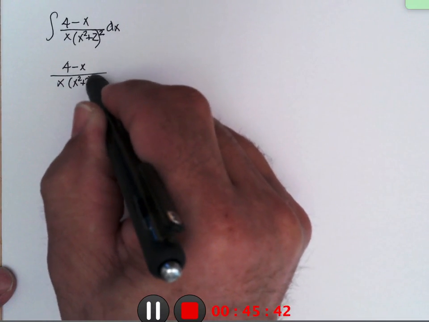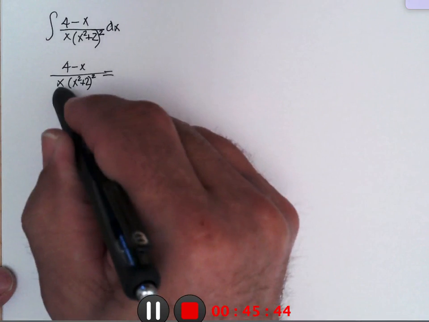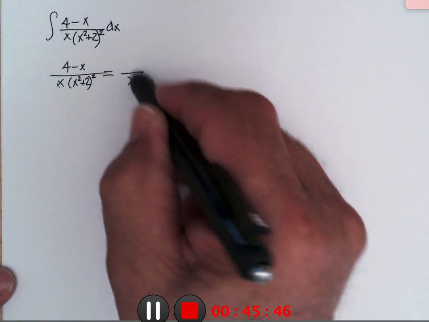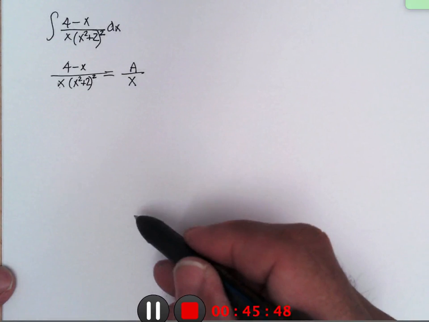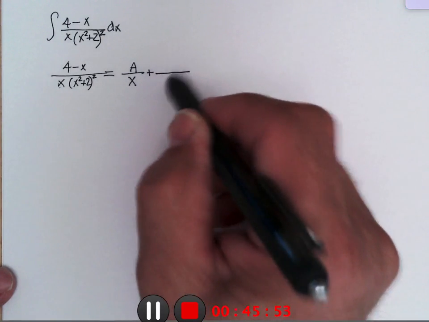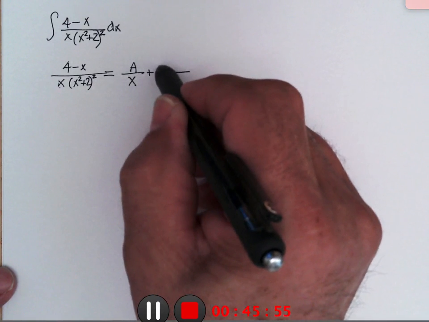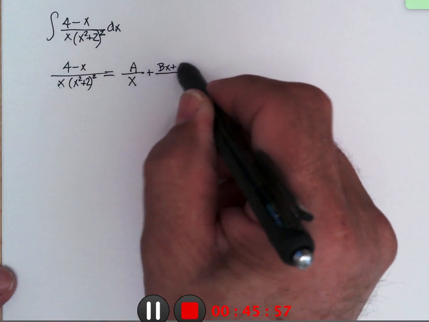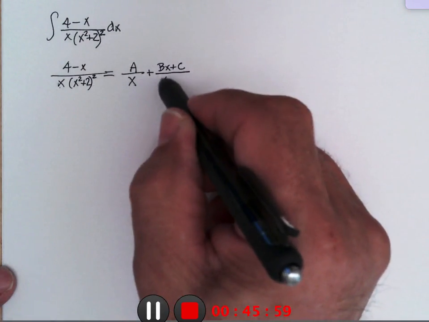So I have 4 minus x over x times x squared plus 2 squared, which means I have a linear factor, just the x. I can put a over it. Then I have a quadratic factor. Remember that the quadratic factor has to have a linear factor in the numerator. So it's bx plus c over x squared plus 2.